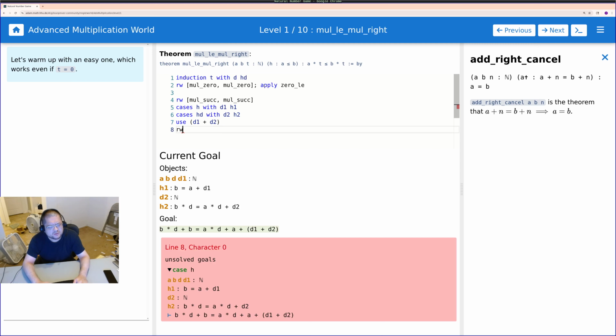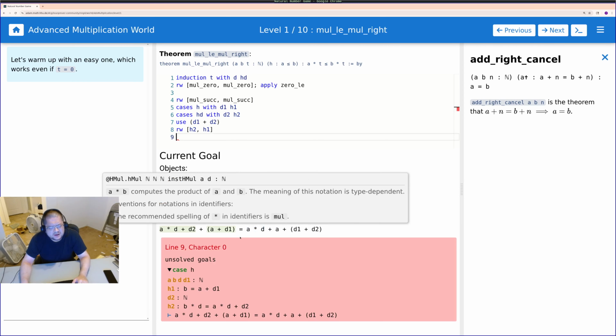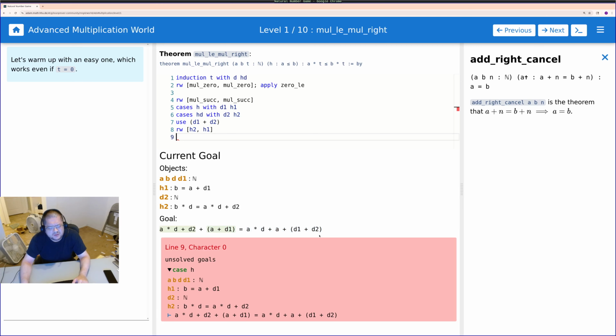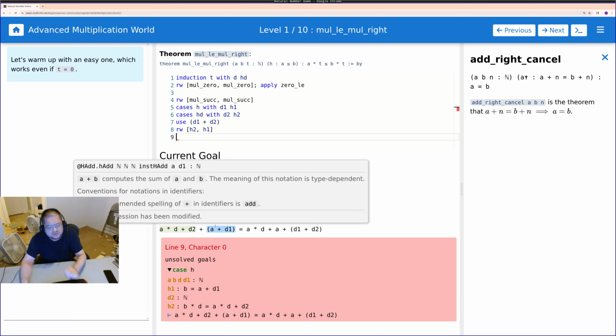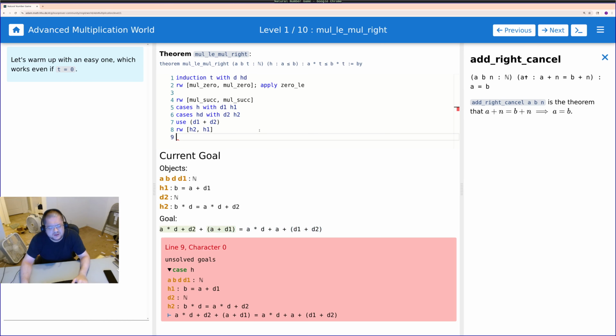And we're going to rewrite H2 and then rewrite H1. And now it should just be rearranging stuff around. So A times D, D1, D1, D2, D2, A, and A. Okay, how do we arrange this? We want A, D1, D2, okay.